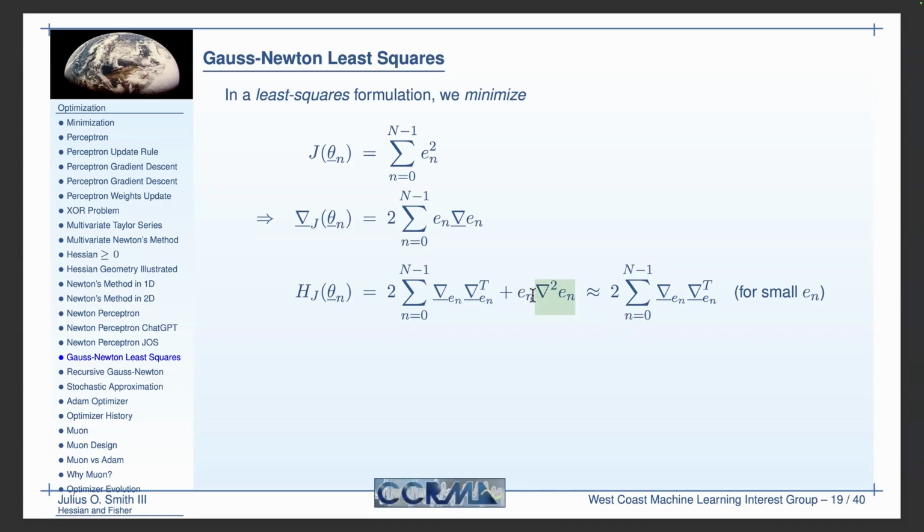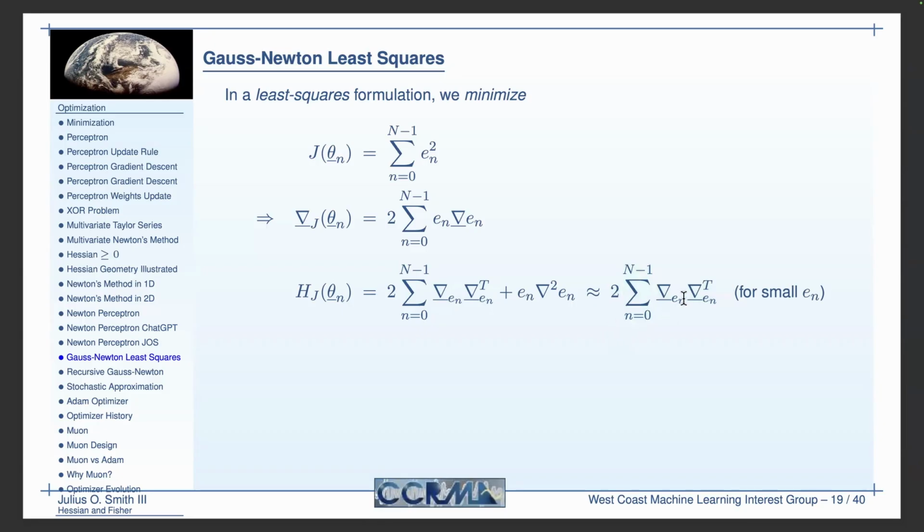We want to assume that the error is small so that we can get rid of this term. That allows us to approximate the Hessian near the solution with the sum of outer products of the gradient. That's the basic idea behind Gauss-Newton.